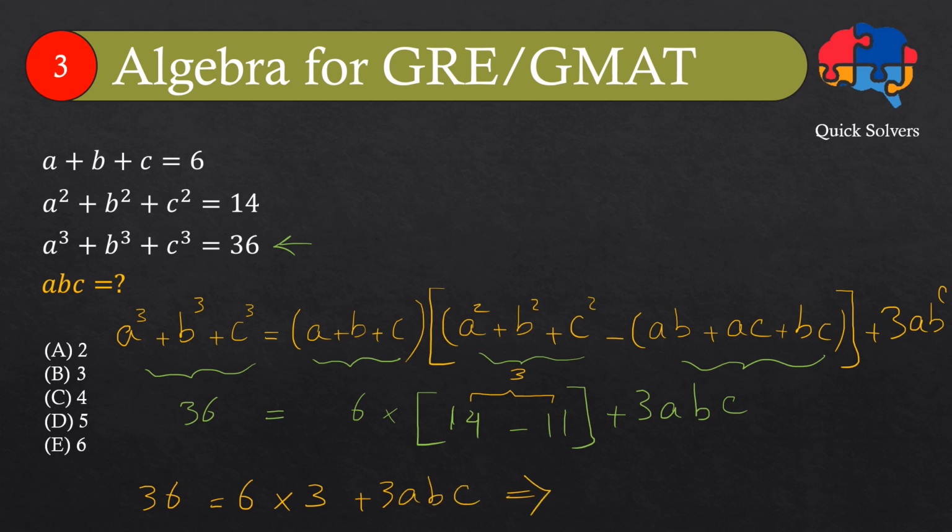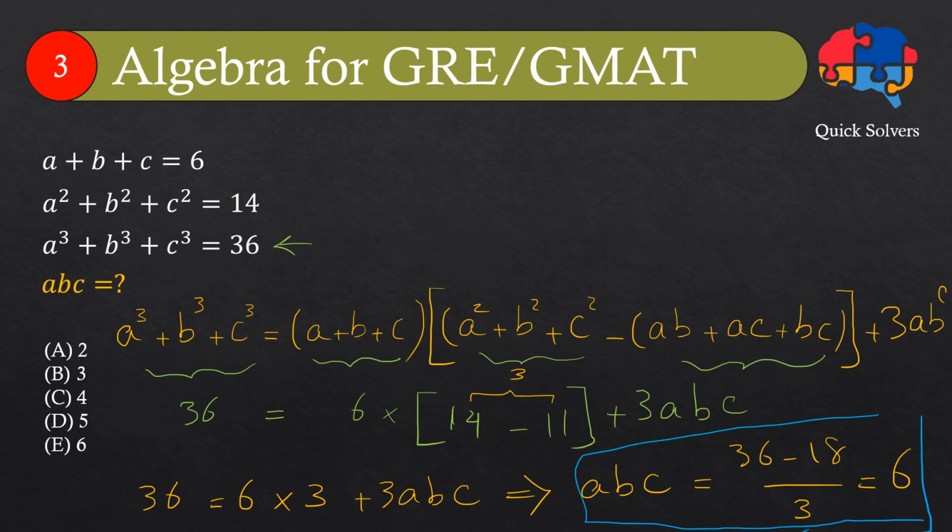If I rearrange this, it gives me a times b times c equals (36 minus 18) divided by 3, which is 6. So this is the value of a times b times c, which means this is the right answer.